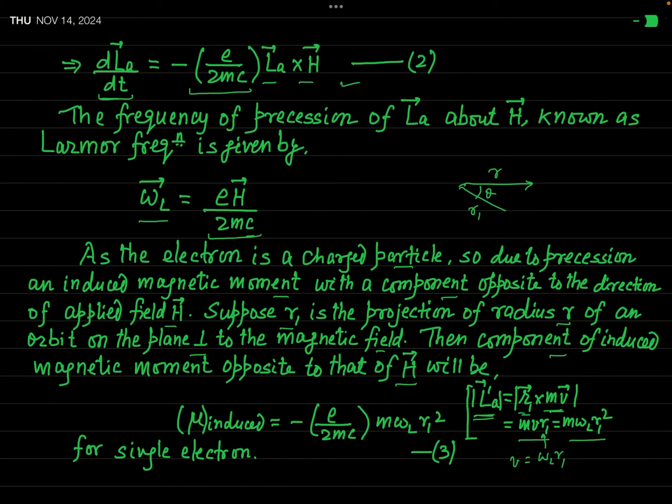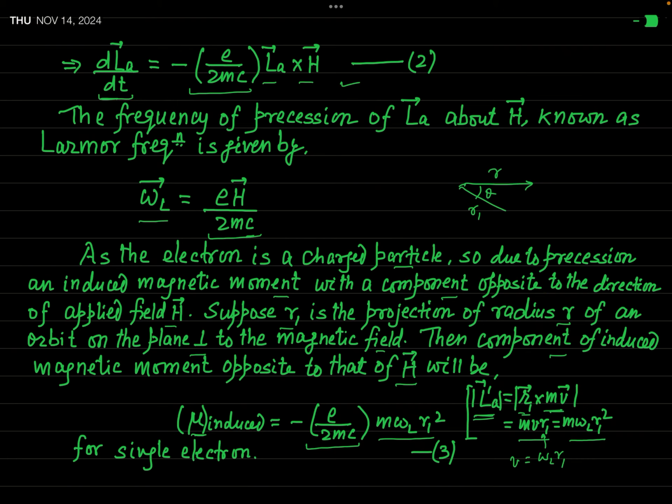So the induced magnetic moment, which I have denoted by the symbol mu induced, is equal to minus E over 2mc times m omega L R1 square. And this expression is for a single electron.